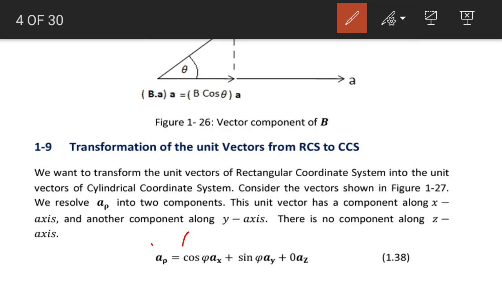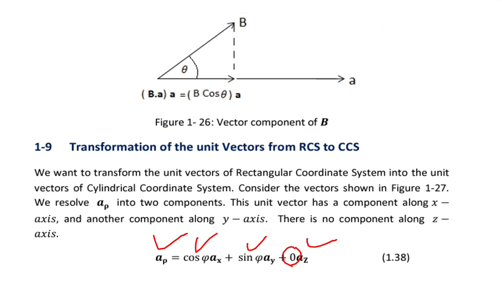A rho dot ay results in sin phi, and a rho dot az results in 0. So a rho dot ax will be equal to cos phi, a rho dot ay will be equal to sin phi, and a rho dot az will be equal to 0.